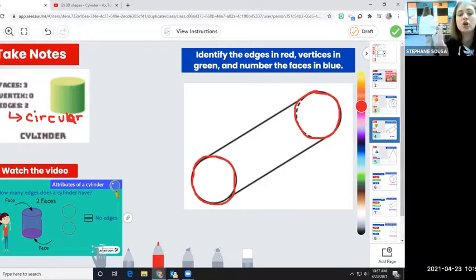So it's called a curved surface. But if we were to cut it apart, it would be a flat rectangle, okay? So our edges are done. Vertices in green, cross them out. Cylinders do not have vertices. A vertex is where three edges meet, and this shape only has two circular edges, so it can't have a vertex.